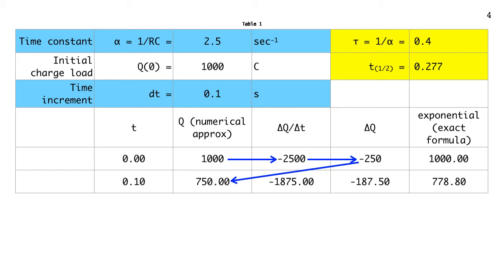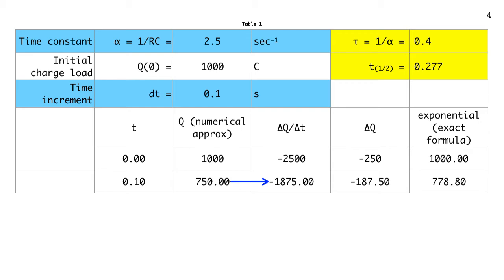All right. So after a tenth of a second, you've got 750 coulombs still loaded onto the capacitor. Now your rate of change is going to slow down because you don't have as many. So let's compute that. 750 times negative 2.5 is negative 1875.